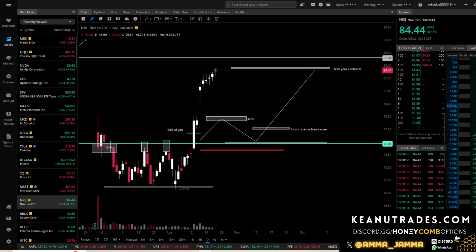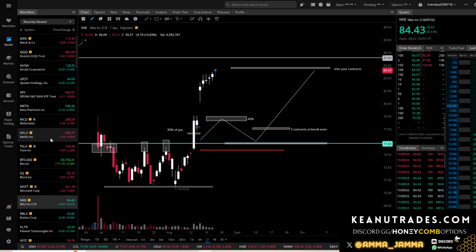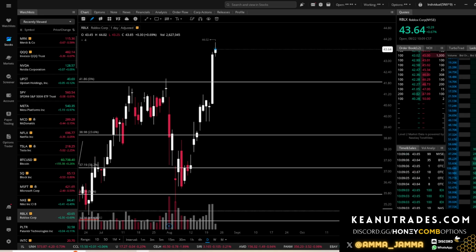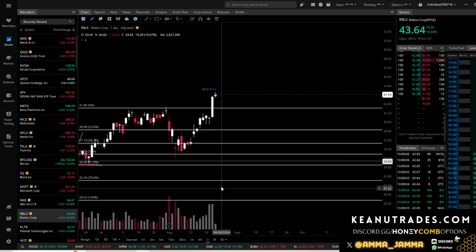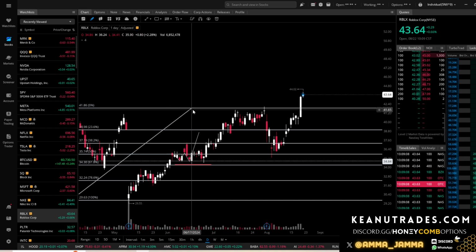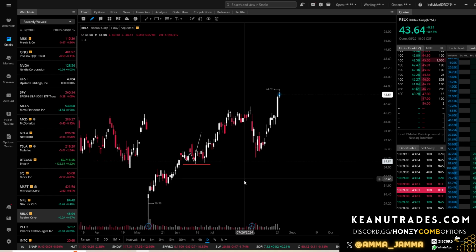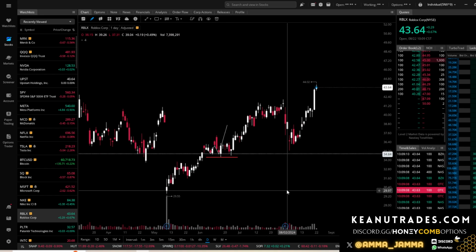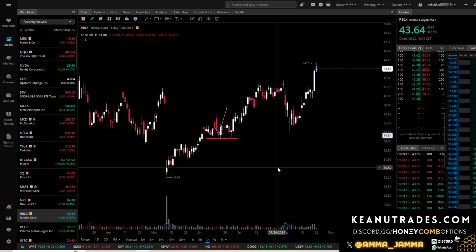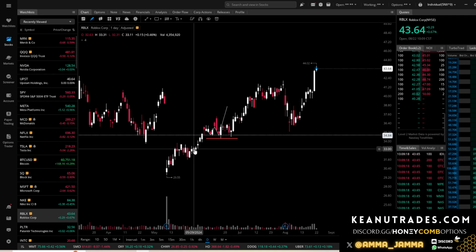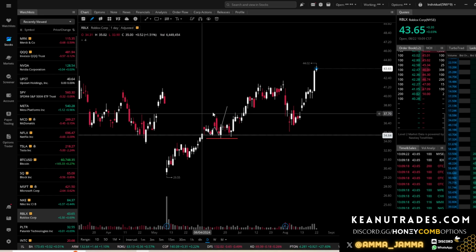And if a trade immediately sells before it pushes, let's go to Roblox. My Roblox was down 30% or so at the beginning of the trade. We took that trade, and we went red.